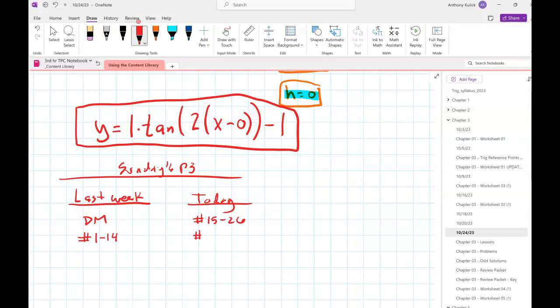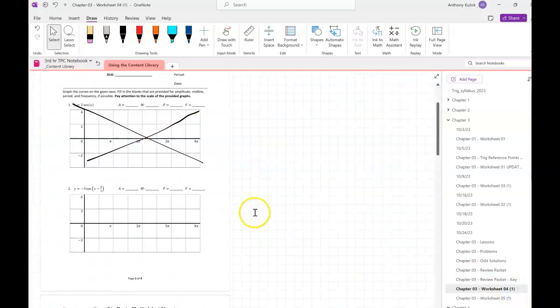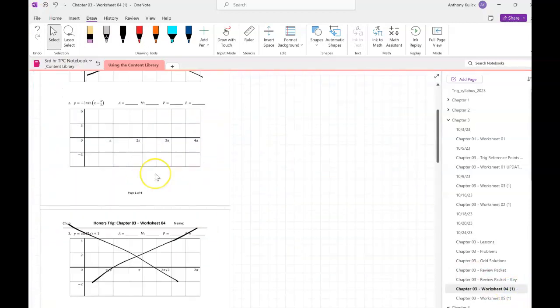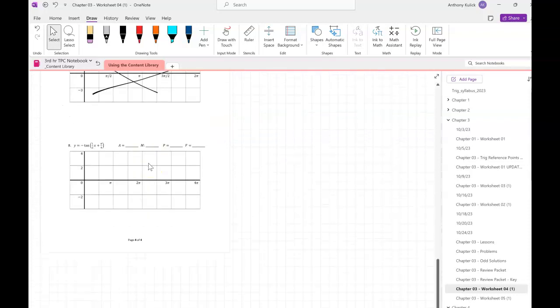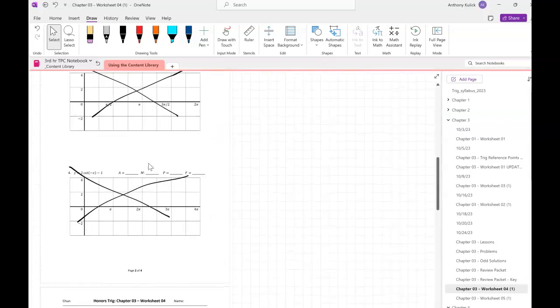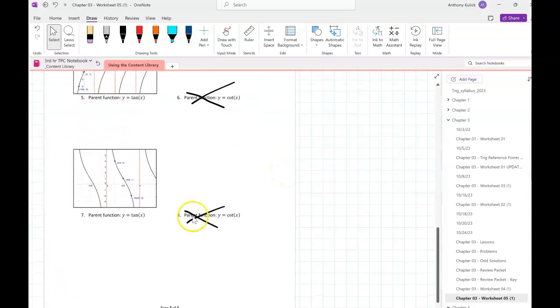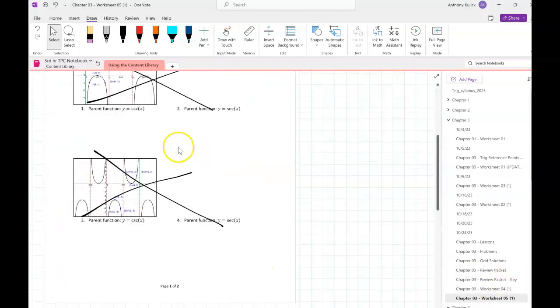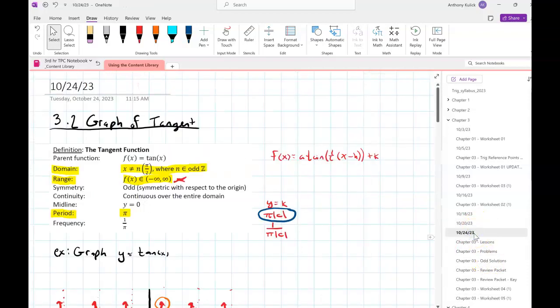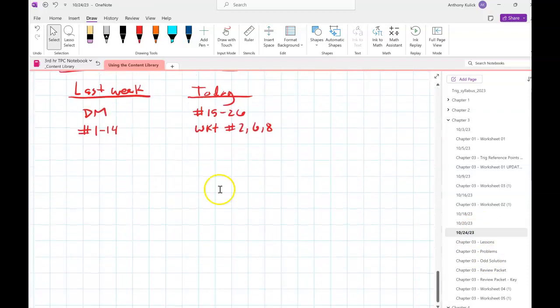I'm going to assign worksheet 4, but I'm only going to assign you guys to do 2, 6, and 8 from that. I want to double check that to make sure I've written down the right numbers. I put an X through everything I didn't want you to do. So it should be really obvious which ones to do. And then on worksheet 5, I want you to do numbers 5 and 7. Again, I put X's through everything I didn't want you to do, so it should be really obvious.